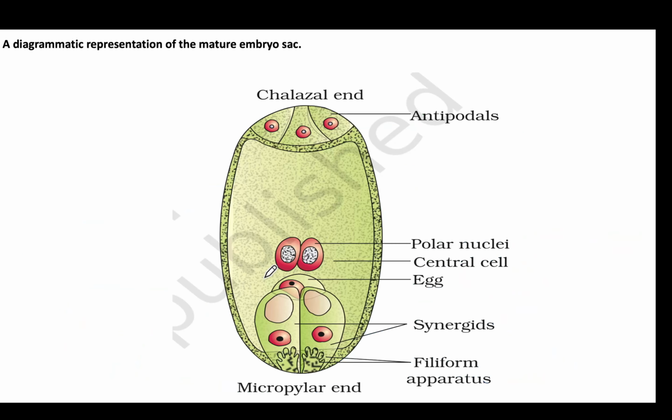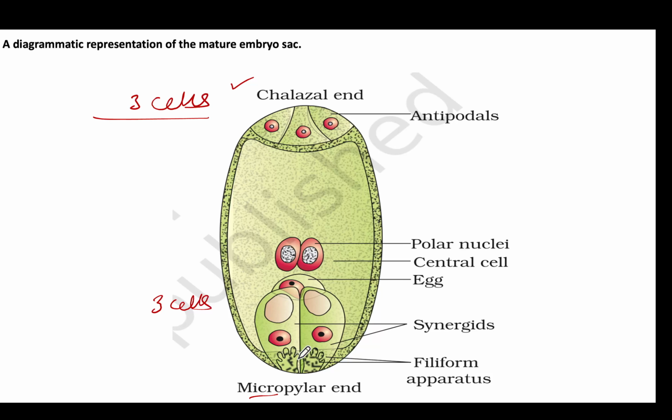Very important. So let's look at the diagrammatic representation of the mature embryo sac. Oh, it's a reverse structure. Okay, so micropylar end and chalazial end. At the micropylar end, 3 cells are present, and at the chalazial end, 3 cells are present.